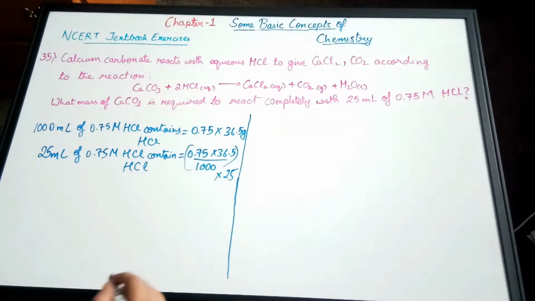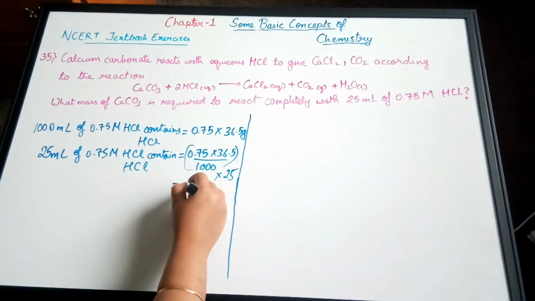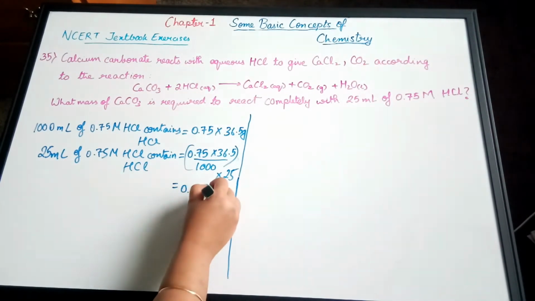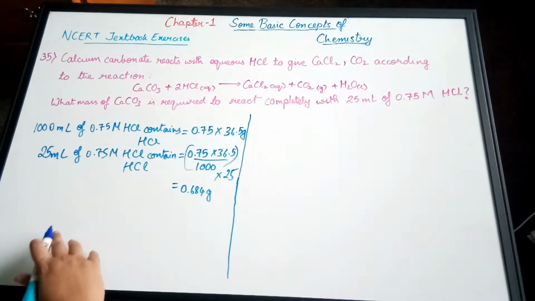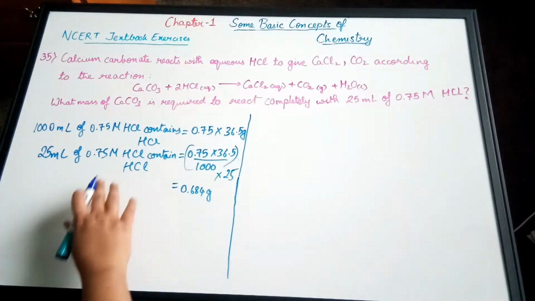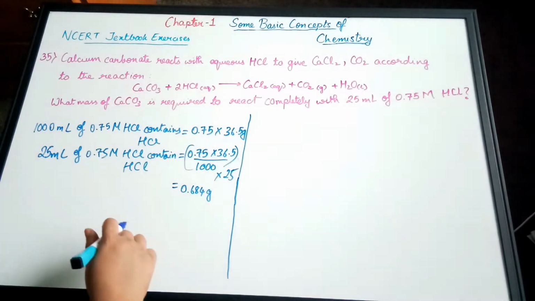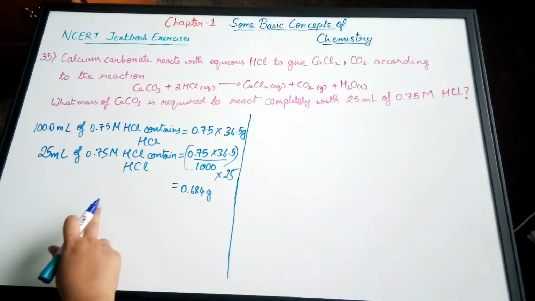This is equal to 0.684 grams. So first we are calculating the mass of HCl in 25 ml of 0.75 molar HCl. The reason we can do this is the basic definition of molarity: molarity is nothing but the amount of substance in 1000 ml or 1 liter of that solution. So here we calculated the mass of HCl in 25 ml of 0.75 molar concentration.